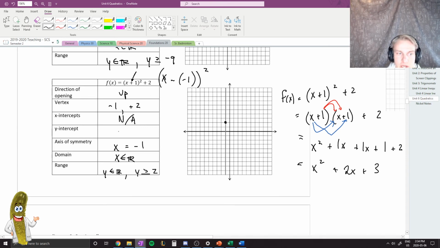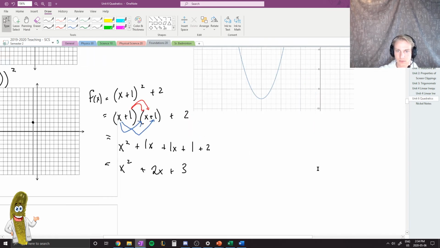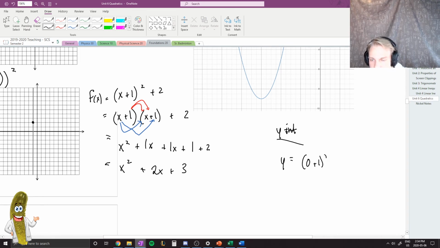The only thing left to do here then is to find out whatever our y-intercept is. And we could do that using this original equation. We said that the y-intercept will be achieved when our x value is equal to 0. So y is equal to 0 plus 1 squared plus 2.